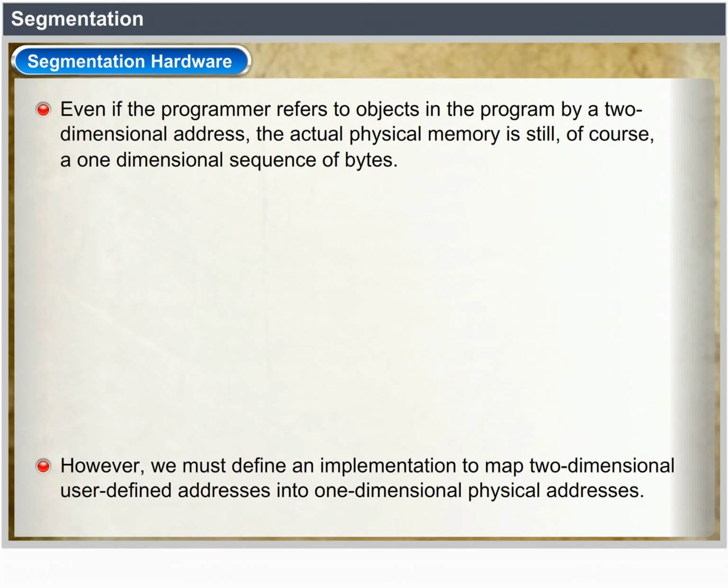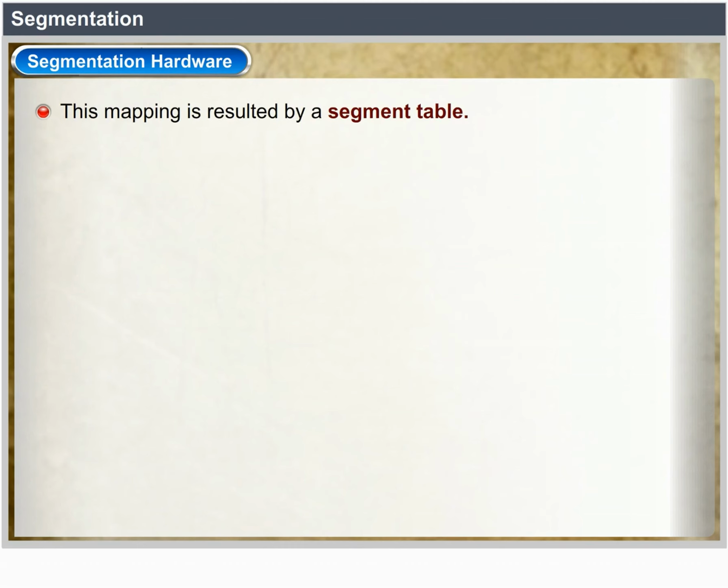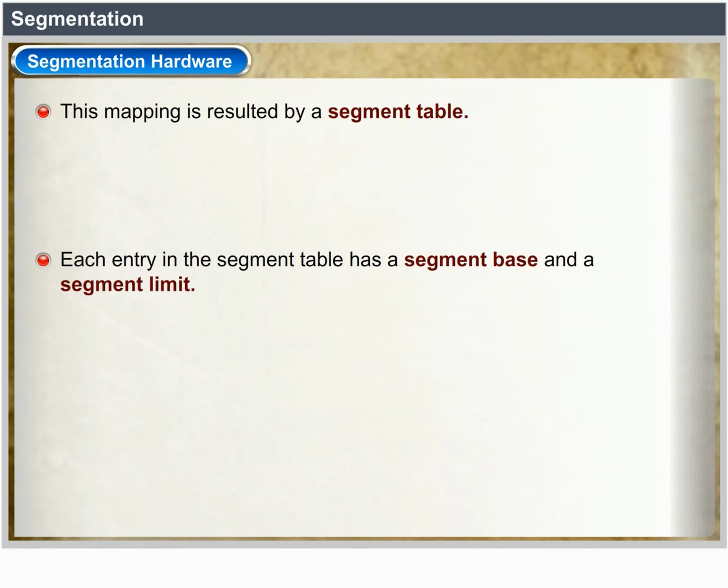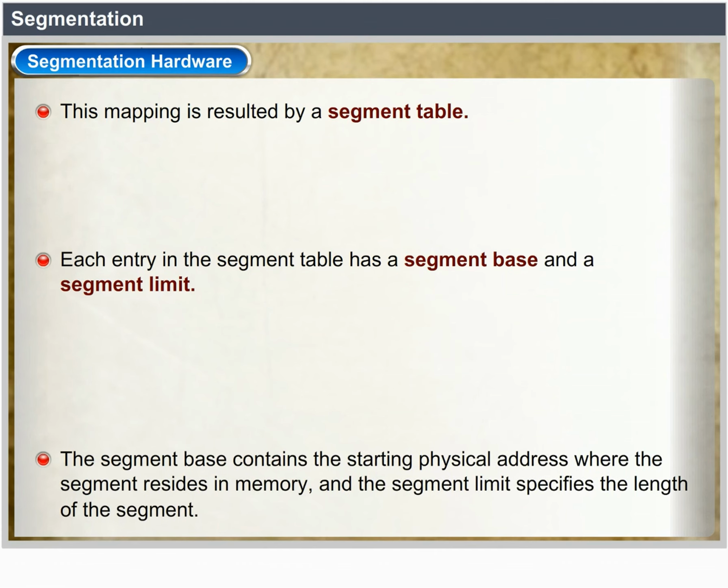This mapping is effected by a segment table. Each entry in the segment table has a segment base and a segment limit. The segment base contains the starting physical address where the segment resides in memory, and the segment limit specifies the length of the segment. The use of a segment table is illustrated in the figure below.